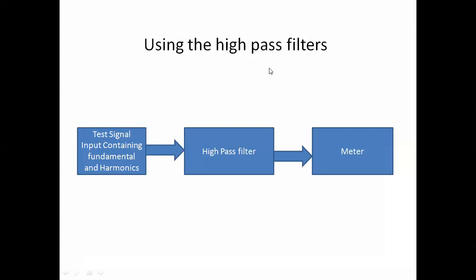Those passed harmonic components are measured by using a meter. This meter is used to measure the overall value of the distortion caused in the harmonic components. Okay, this is one method, using a high pass filter.